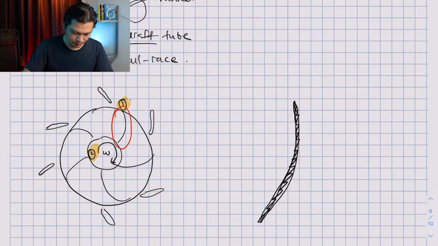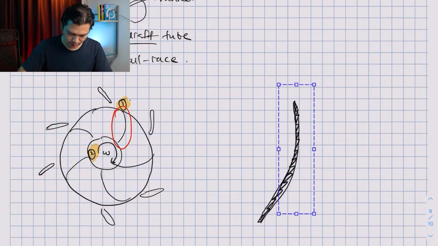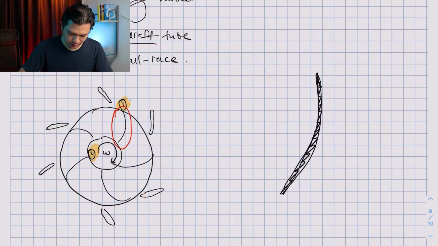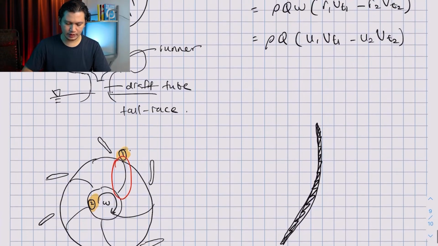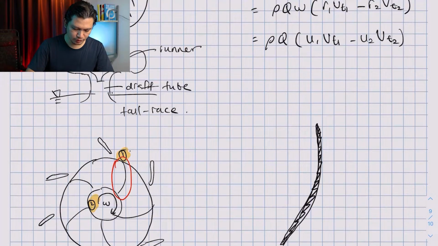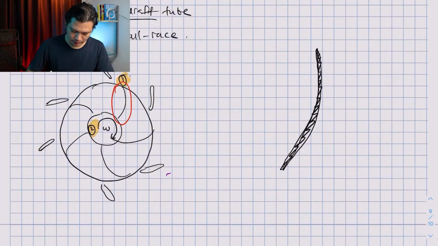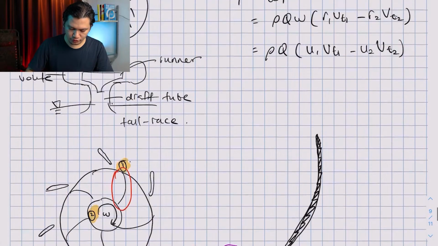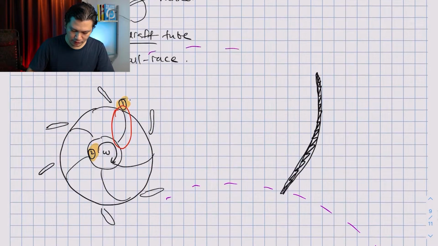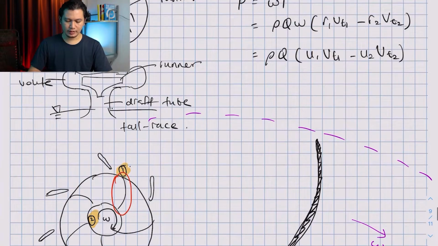Okay, and I'm going to move this a little bit upward, so we can draw it more clearly. And of course, this is going to be your outlet, and this is going to be your inlet, right? And the blade is rotating in this direction. That is your omega.